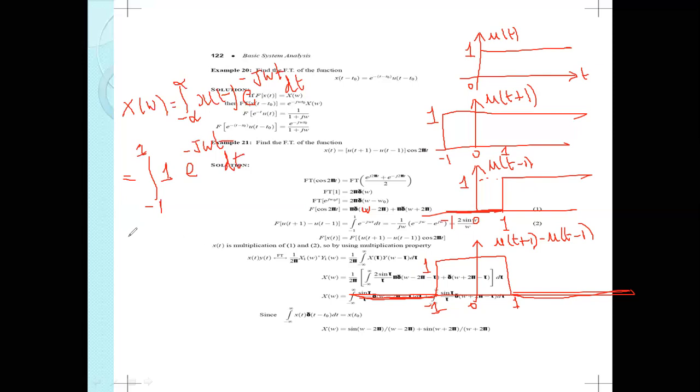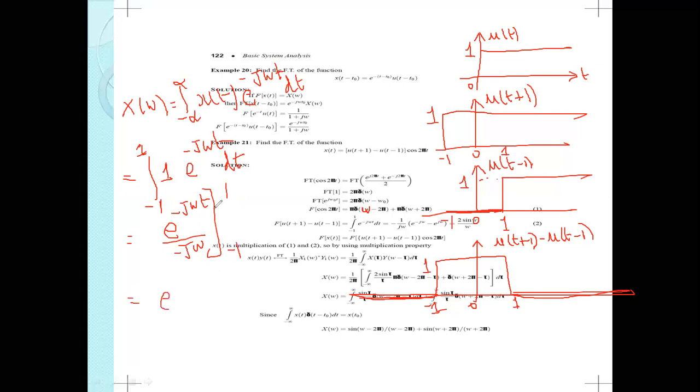Got it, my students? The Fourier transformation is e power minus j omega t whole divided by minus j omega, which is the coefficient since we are integrating with respect to time. The upper limit is 1 and the lower limit is minus 1.